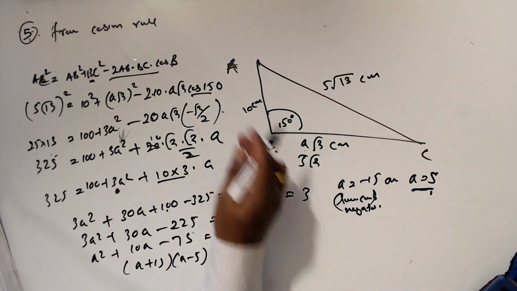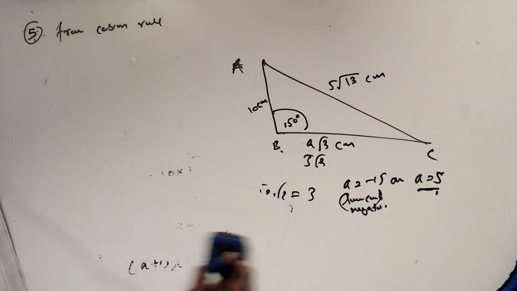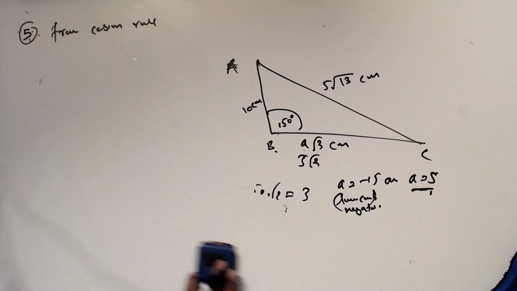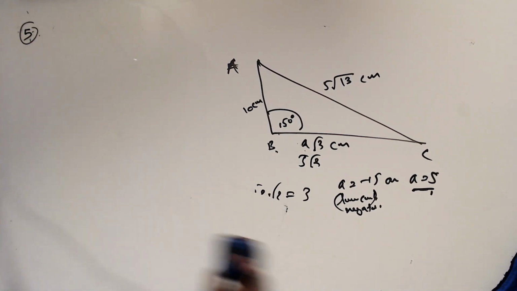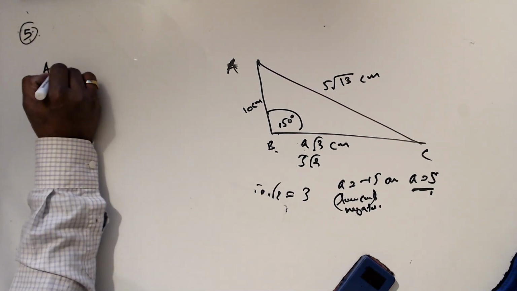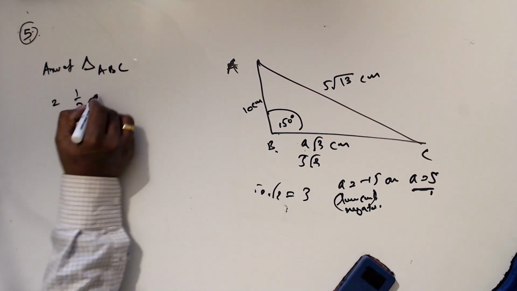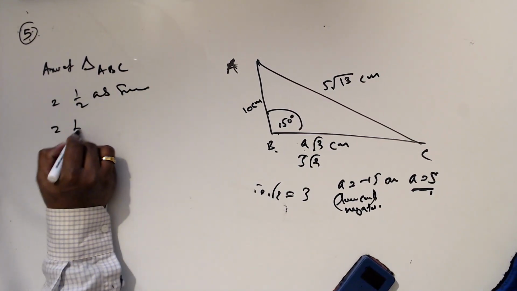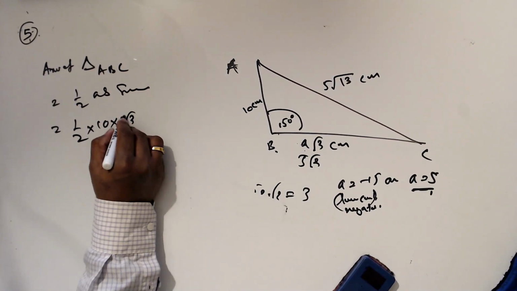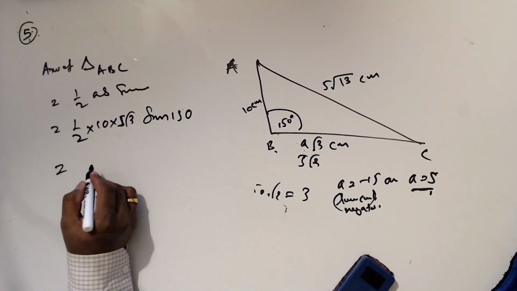Now we can find the area. Area of triangle ABC is half AB sine C, half A is 10, B is 5 square root 3, and sine 150.